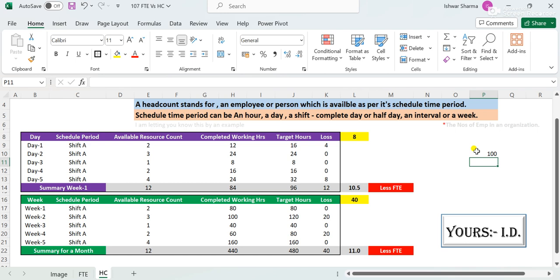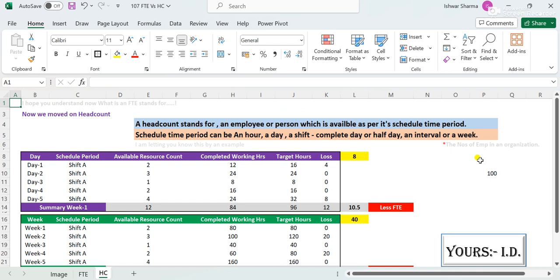So, as an example, the client has given 100 FT, but the company has to consider more than 100, because they have to manage the shrinkage, maintain the uptime, manage the attrition, and maintain in-office shrinkage, out-office shrinkage, training, etc. I hope you have now understood the difference between FT and headcount.